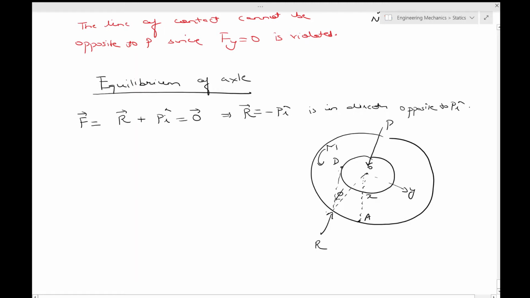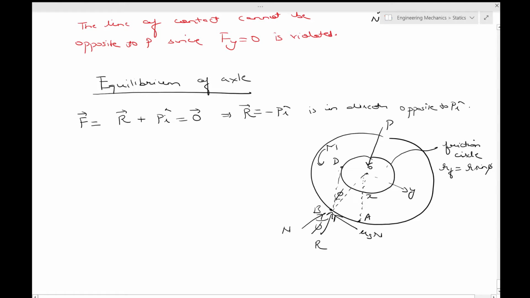One will be the normal, see this angle is phi, this point is B, and the other is clearly friction, mu s N. And this is the so-called friction circle, which has radius RF. The RF of this is R sin phi.